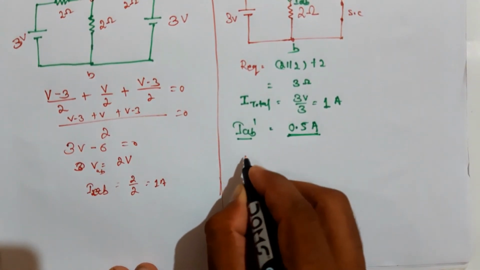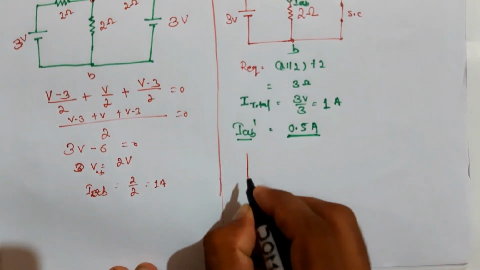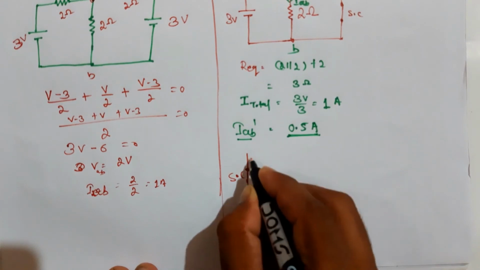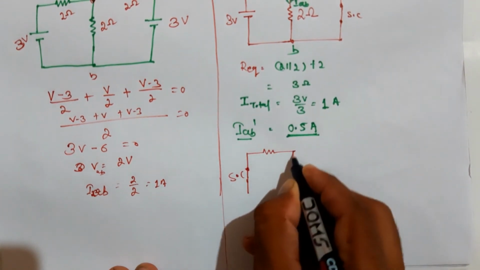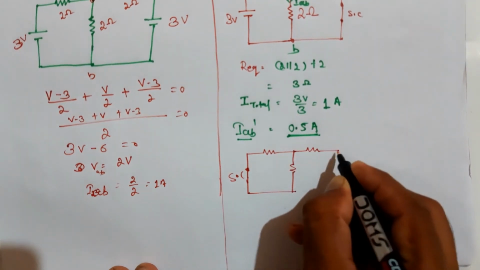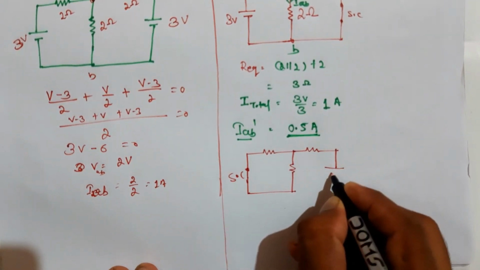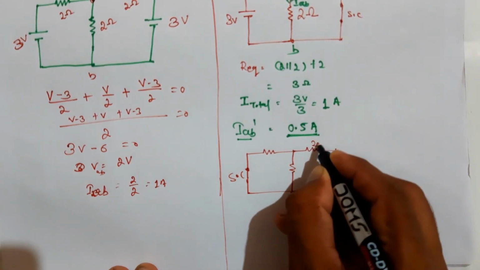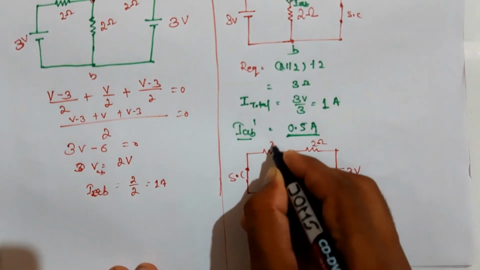If you consider the second, then the first will be short circuited, replaced with its internal resistance, if practical. This is 3 volt, 2 ohm, 2 ohm, 2 ohm.